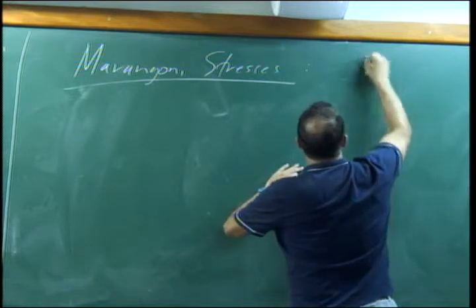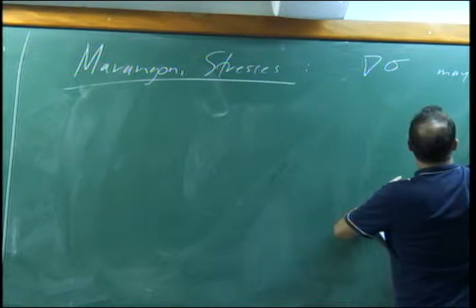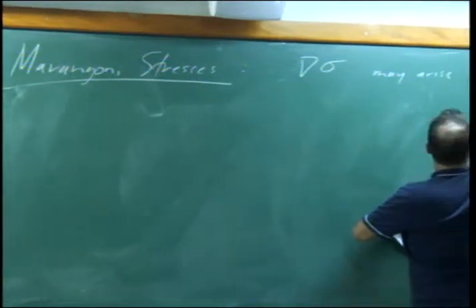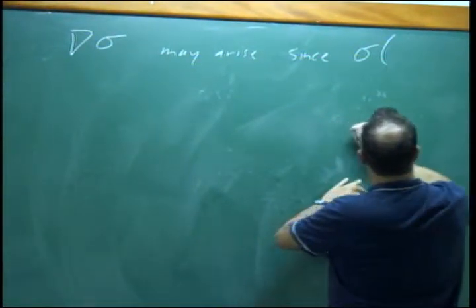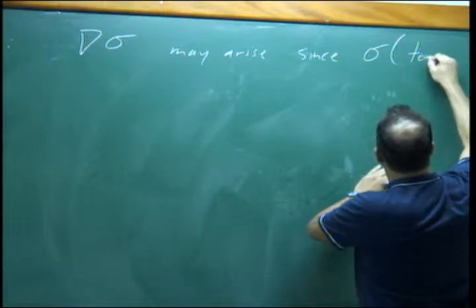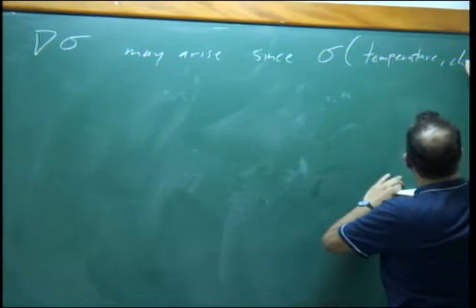So these are basically the gradients in surface tension, since in general surface tension is a function of temperature and chemistry.